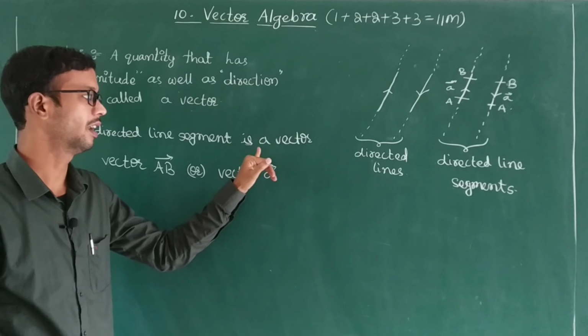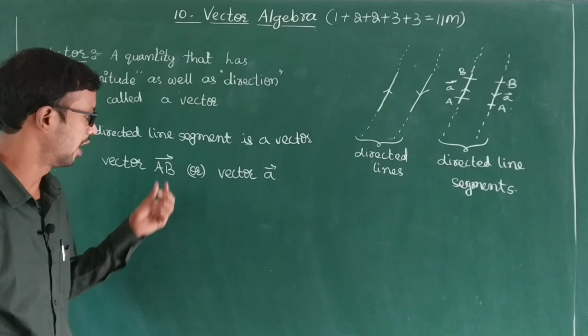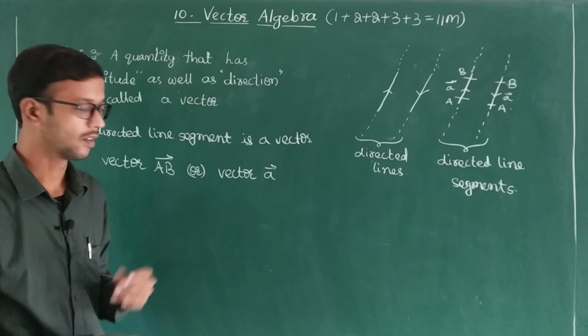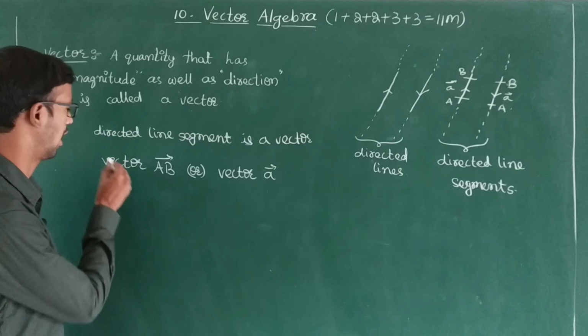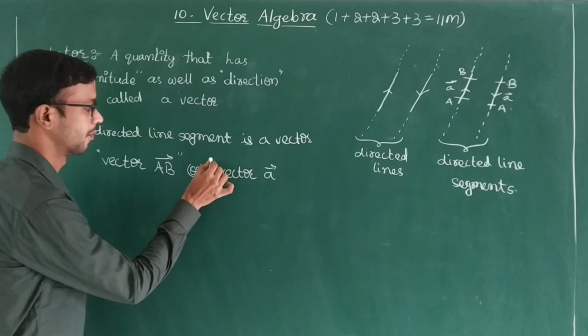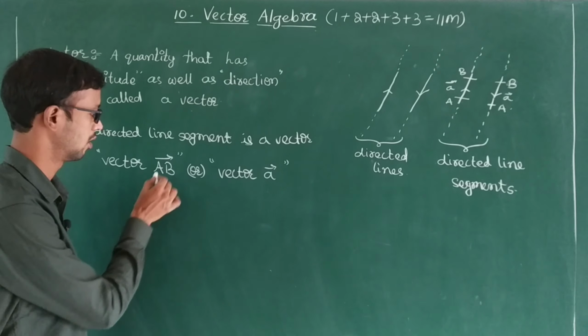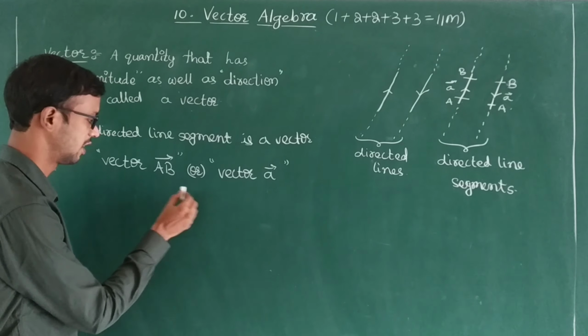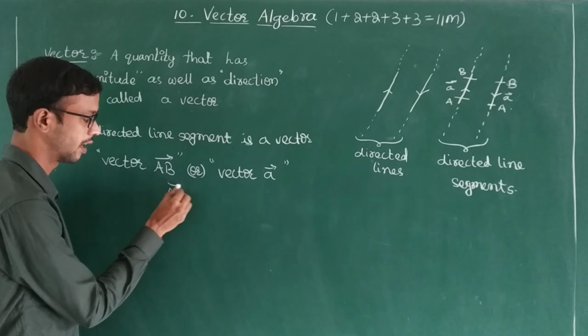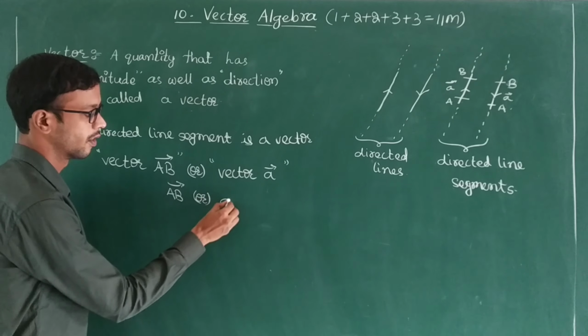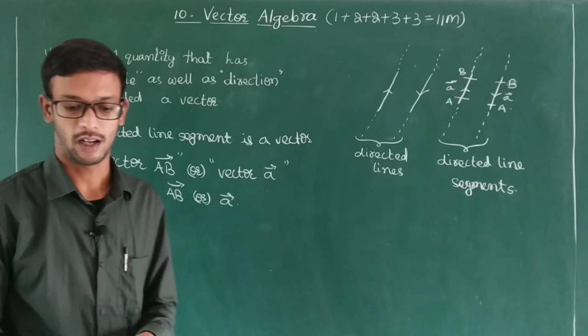A directed line segment is a vector. So here AB bar is a vector. We will write like this: vector AB denoted by AB bar. Simply, we will write AB bar is a vector or A bar is a vector.